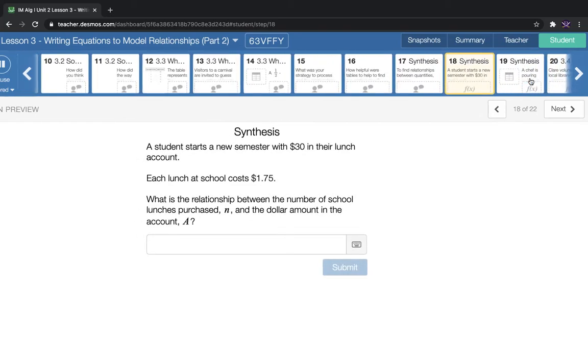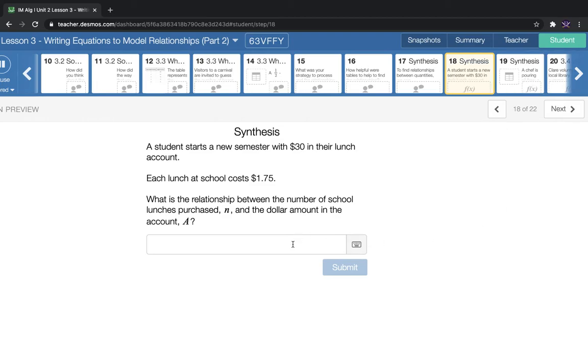Okay, so right here, a student starts a new semester with $30 in their lunch account. Each lunch at school costs $1.75. What's the relationship between the number of school lunches purchased, n, and the dollar amount in the account, A? Okay, A. So, guys, we start with this.